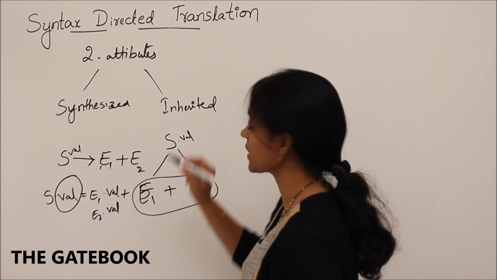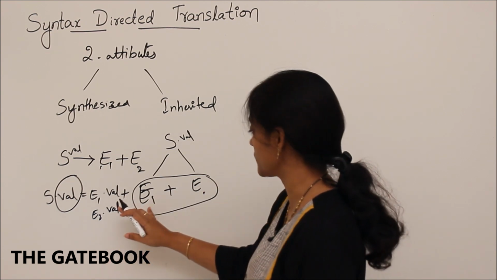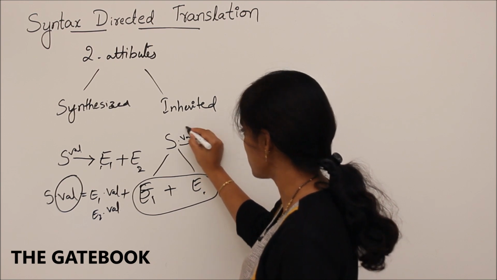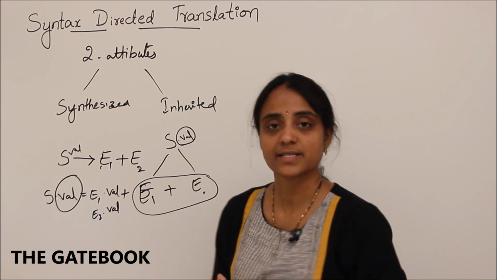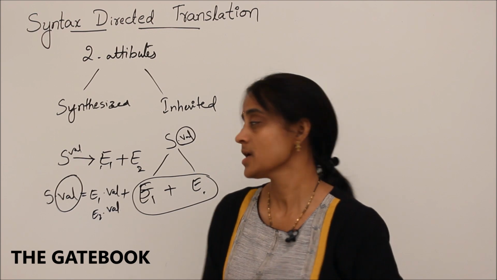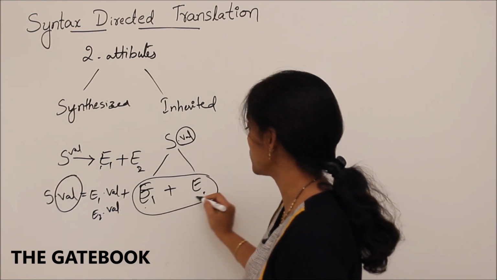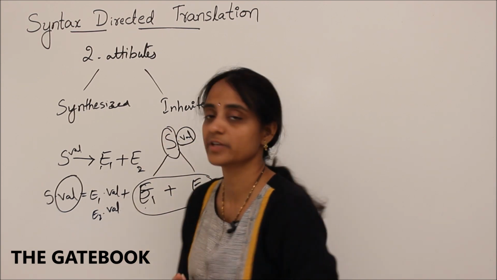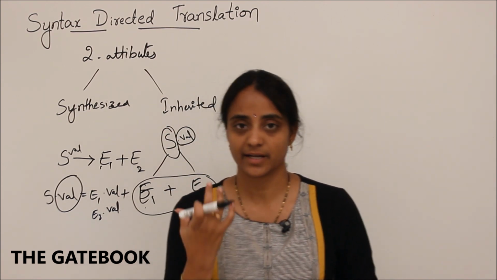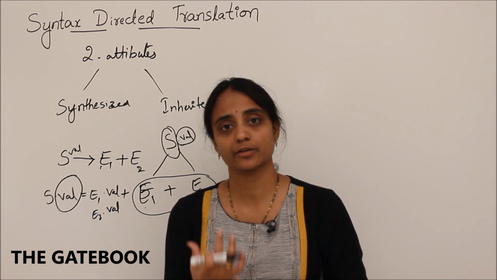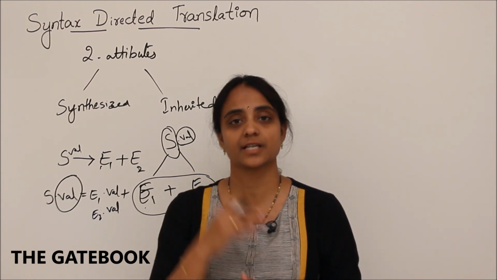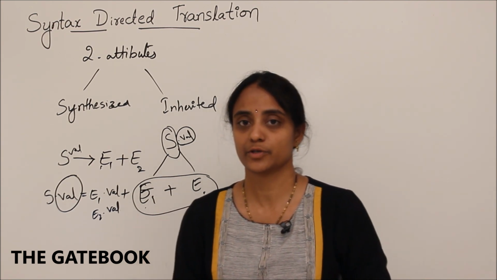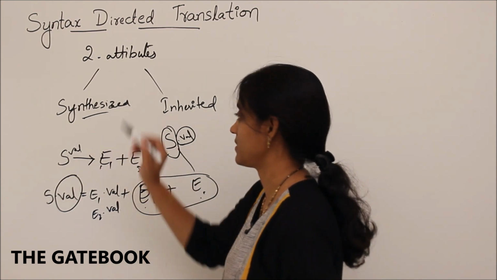First I need to compute the E1 and E2 values. So I say that this value of S is a synthesized attribute because the value depends on the children of this grammar symbol. Whenever the value of an attribute depends on the children nodes of that particular grammar symbol, we call that attribute a synthesized attribute.